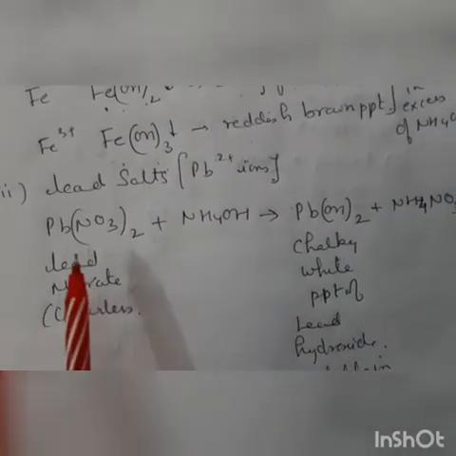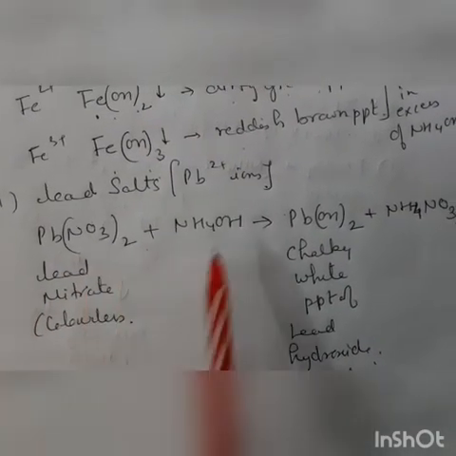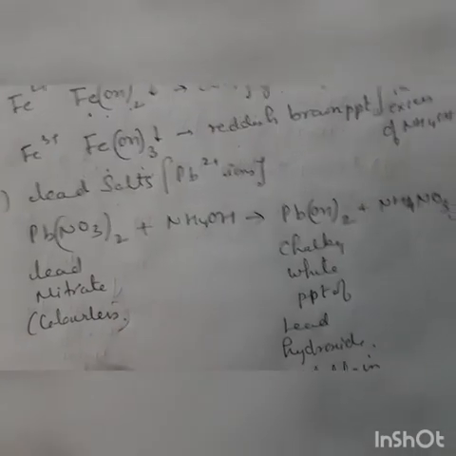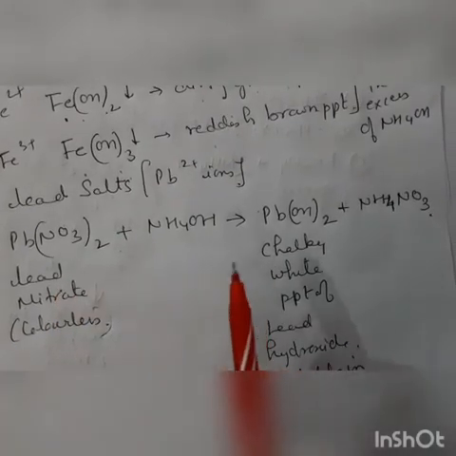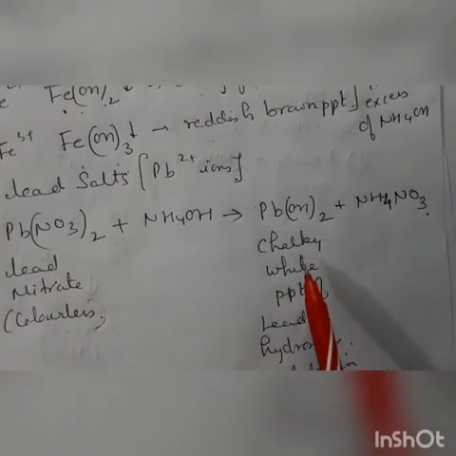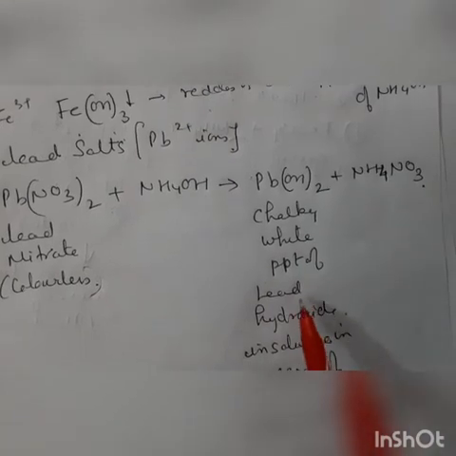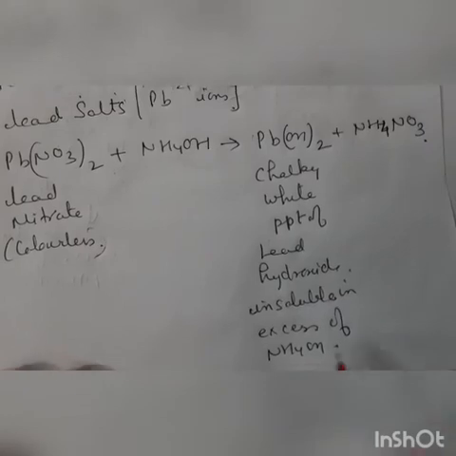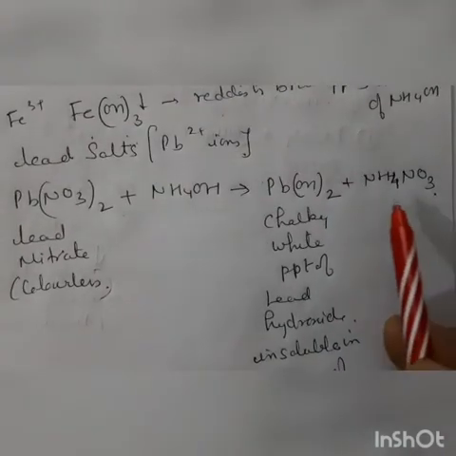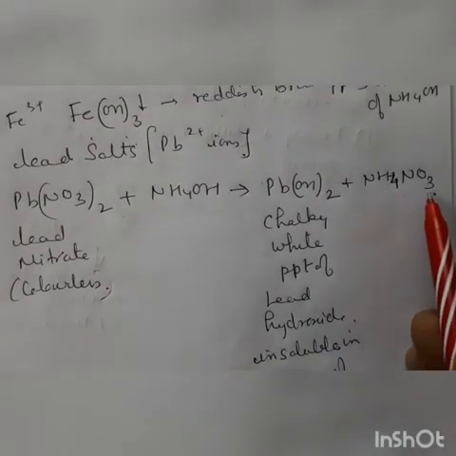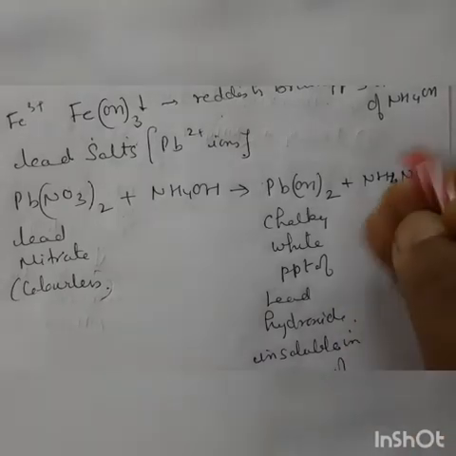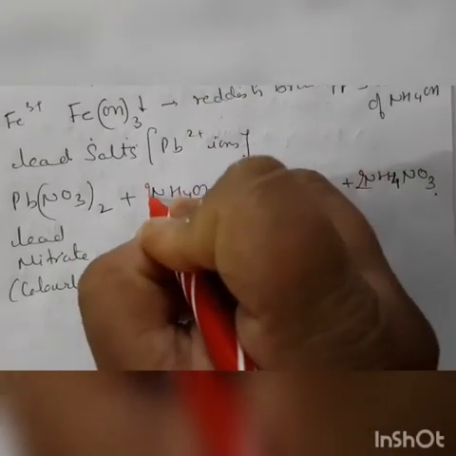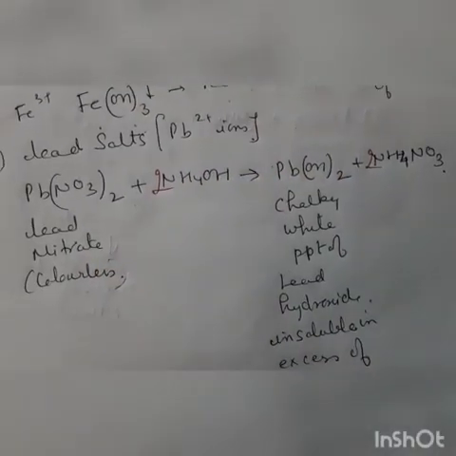Again, I'm repeating this. We will take lead nitrate, and when we add ammonium hydroxide to it, the colorless lead nitrate precipitates into chalky white PPT of lead hydroxide, which is insoluble in excess of ammonium hydroxide. In addition to it, we get ammonium nitrate. Now here we will balance the equation like this.